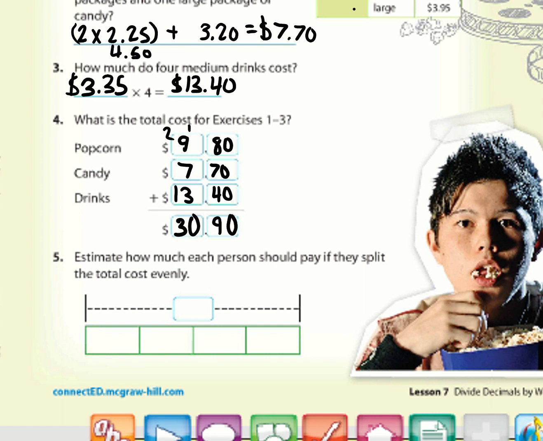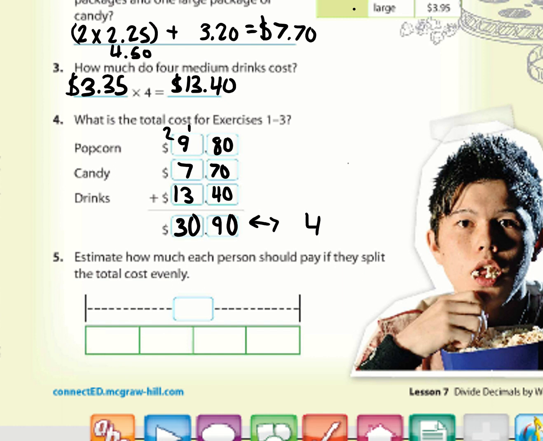Number 5, estimate how much each person should pay if they split the cost evenly. So this is kind of a review from yesterday, estimating. Since we have 4 people that paid, we're going to want to split this up into 4s. So we need to find a compatible number with 4 and $30.90.